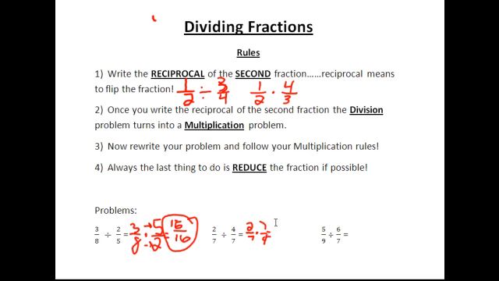Multiply straight across, I get 14 on the top, and on the bottom I get 28. Now I need to check and make sure that these numbers can't be reduced, which they can be. So if we look back at our problem, we'll notice that they both have 7s across from each other. So I'm thinking I could take a 7 out of both of these.